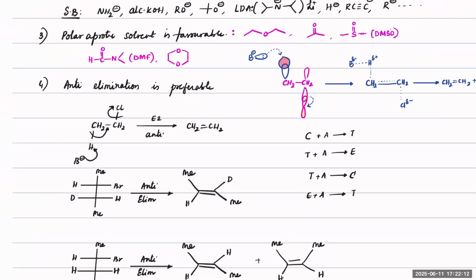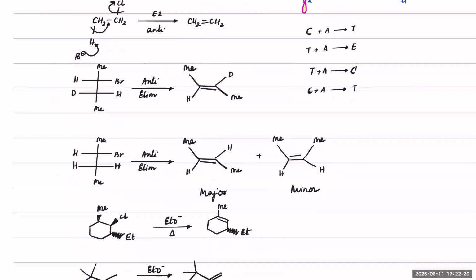Done. This is how the product will be formed. So that's what I am trying to explain here. So it will favor an anti-elimination. And you know that in case you have this molecule here, correct. Now notice this one. If the alpha carbon is this one, then the beta carbon is this one, right? And on the beta carbon, you have hydrogen also, you have deuterium also.